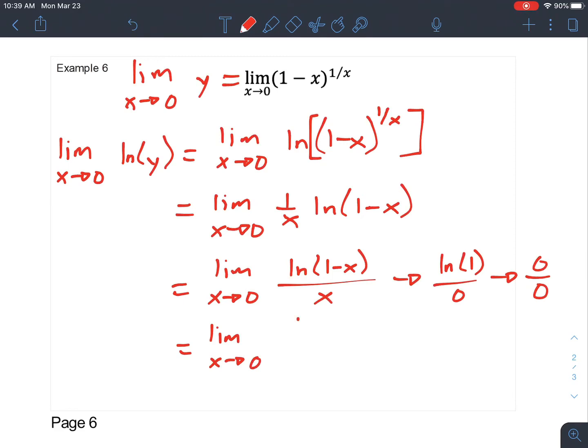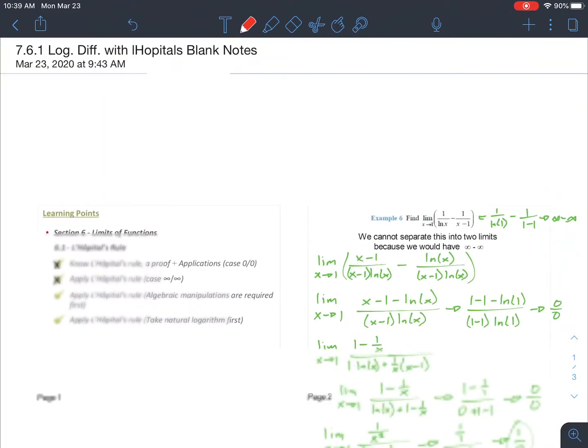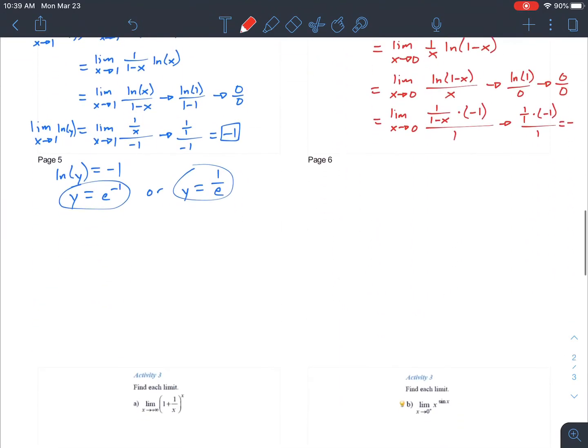Up on the top, that is going to be 1 over 1 minus x. Make sure you're doing chain rule as well, so the derivative of 1 minus x is going to be negative 1. And then down on the bottom, we have just 1. And we can just go ahead and put in 0 for x here, and that's going to give us 1 over 1 times negative 1 all over 1. We get, whoops, sorry about that, we get negative 1 again.